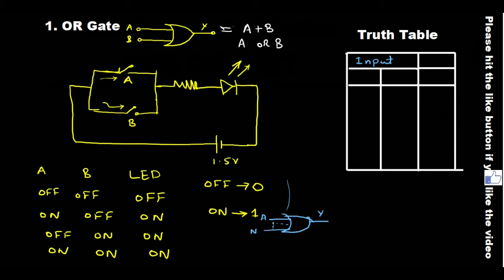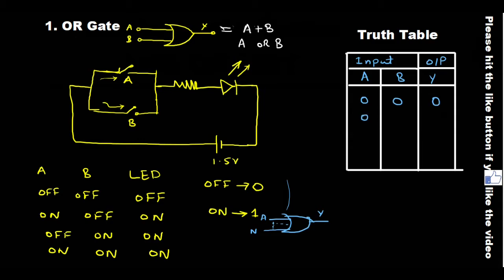Now we'll take our 2 input OR gate. A and B are the inputs. Output is Y. Now same table we will write. Off we are representing by 0 and on we are representing by 1. When both the switches were open, it was 0, off, so output was 0.